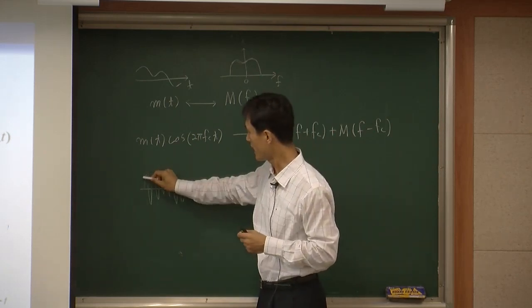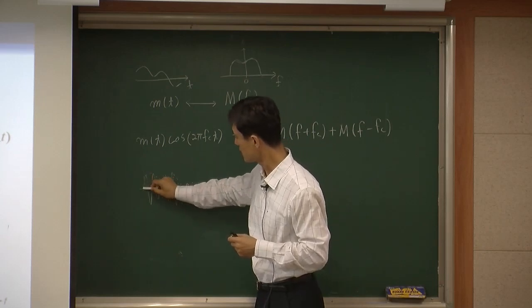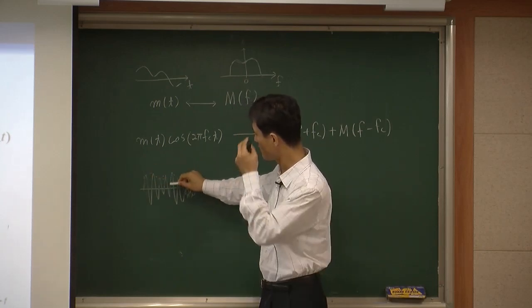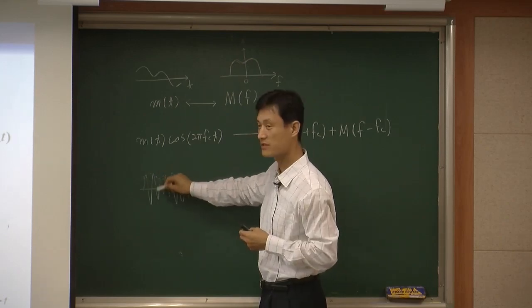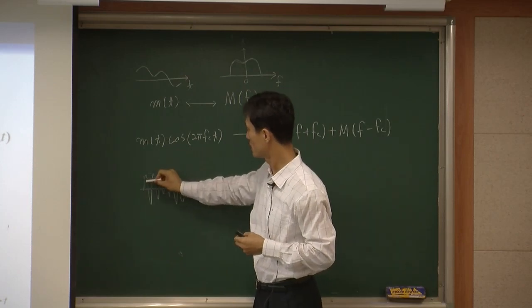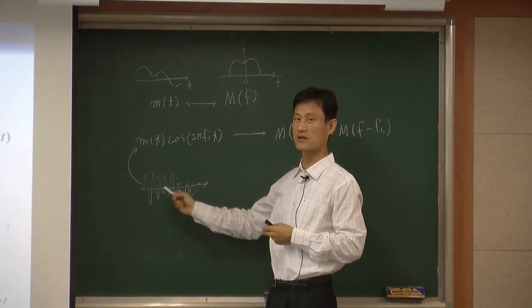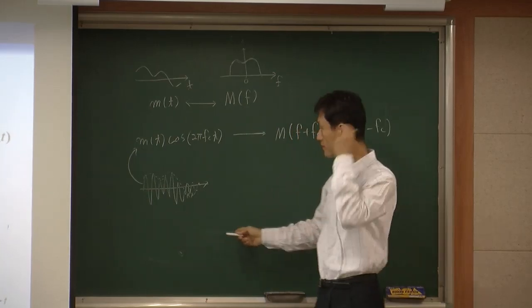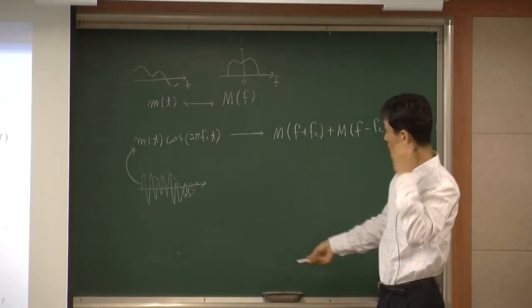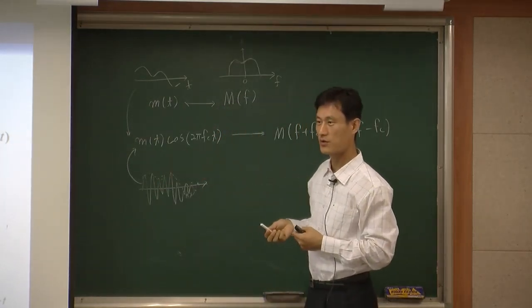You still have the envelope, but inside the envelope, you have a very fast sinusoidal signal multiplied into this m(t). So this is what you have in time domain. When you multiply cosine, this is what you see.